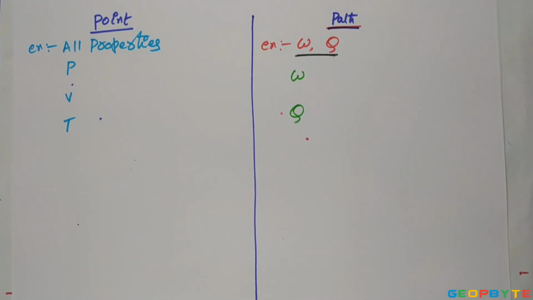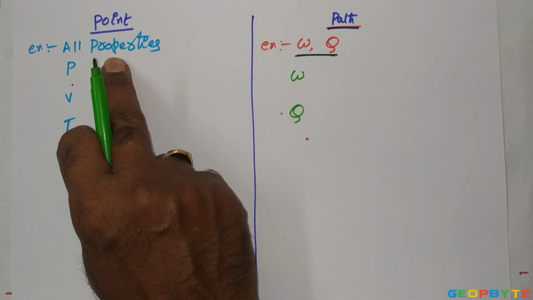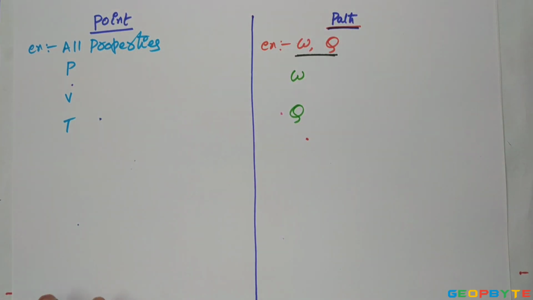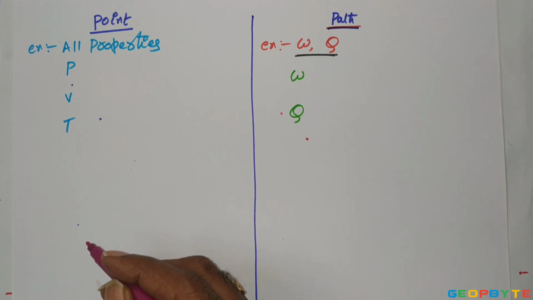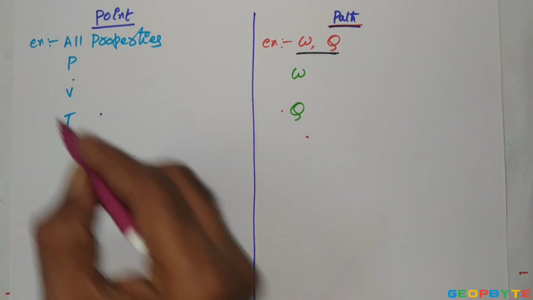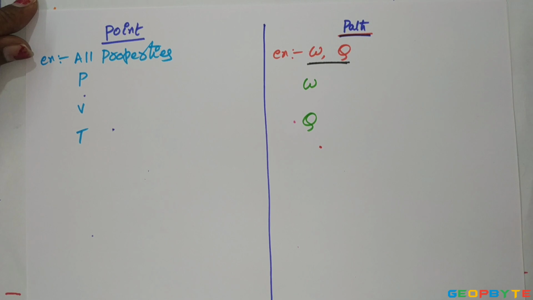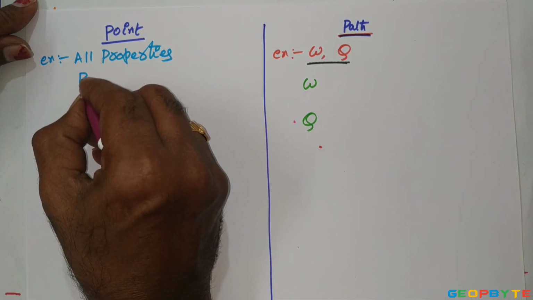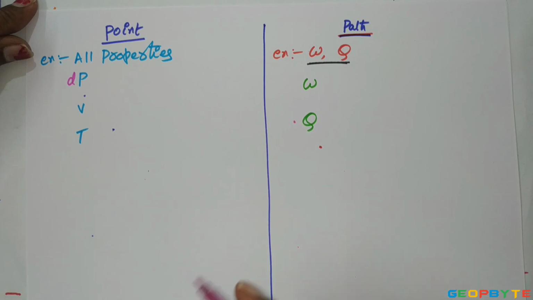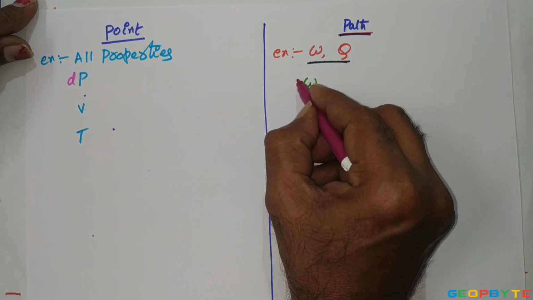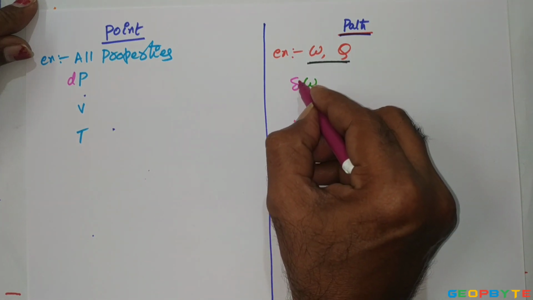Now one more difference between the point function quantities and path function quantities is that point function quantities can be operated by the letter d, whereas path function quantities are operated by the letter del.